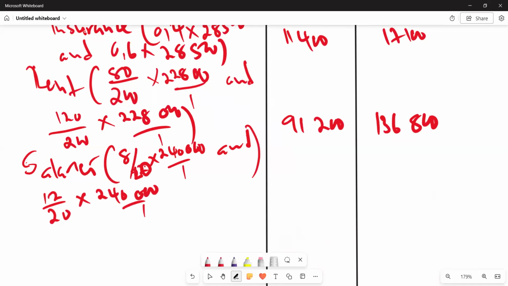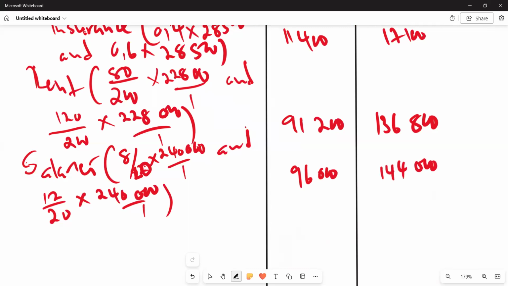And we calculate it as such. You'd see that in the first column, using this calculation of 8 over 20 times 240,000, you are going to get 96,000. In the second column, you get it as 144,000. So this is the apportionment that we have. Then after salaries, we check again what we have next.